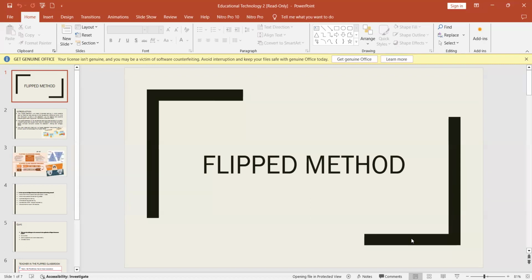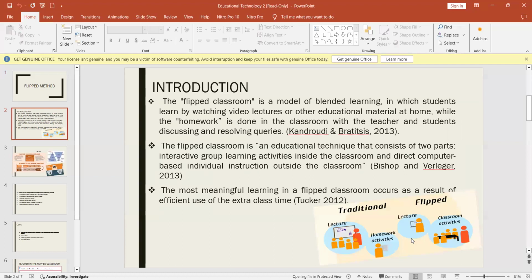Definitely flipped method is grounded on constructivism, a student-centered approach to teaching. As we discussed the scientific method, flipped method is also grounded on the constructivist theory. That means it's a student-centered method.